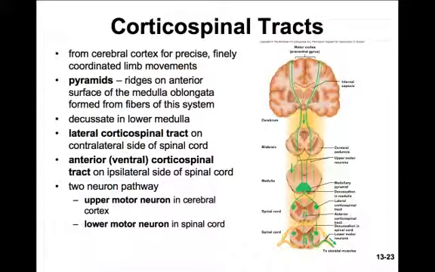The corticospinal tracts decussate in the lower medulla and then move into the lateral corticospinal tract on the contralateral side of the spinal cord. The anterior ventral corticospinal tract will be found on the ipsilateral side of the spinal cord. Again, a 2-neuron pathway. The upper motor neuron is purely in the cerebral cortex. The lower motor neuron will be found purely in the spinal cord.